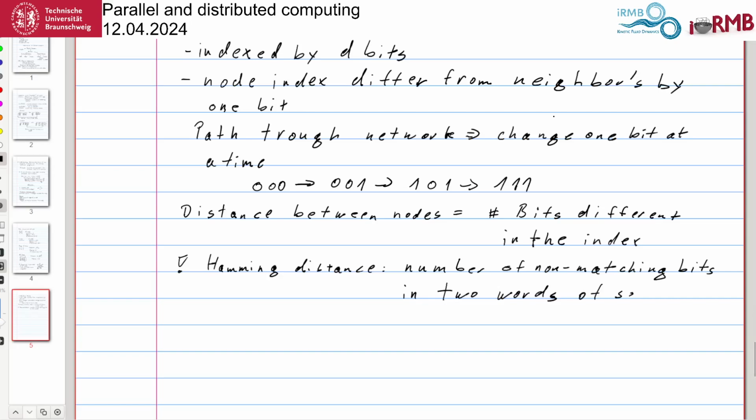They need to have the same length, otherwise we cannot specify this distance. Hamming distance is the distance between data: how many bits you have to change to go from one datum to another. And this is exactly what we need to do here.